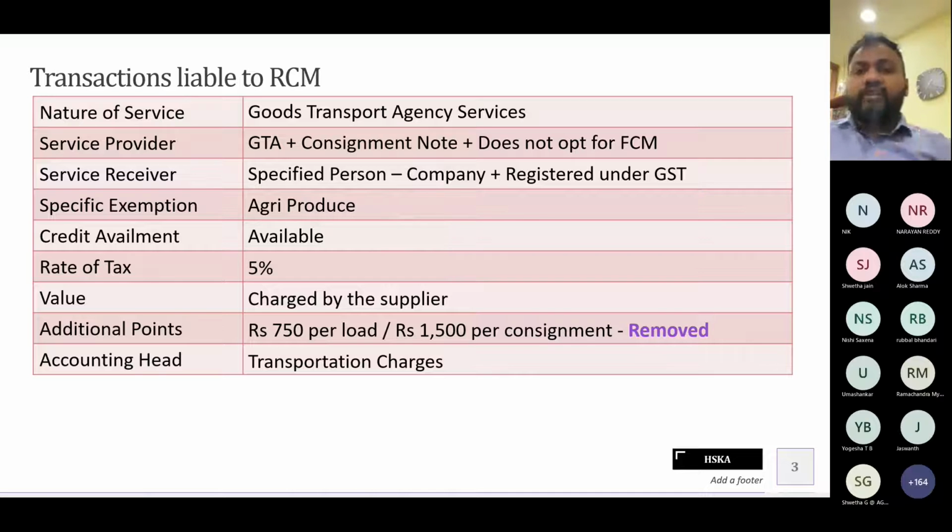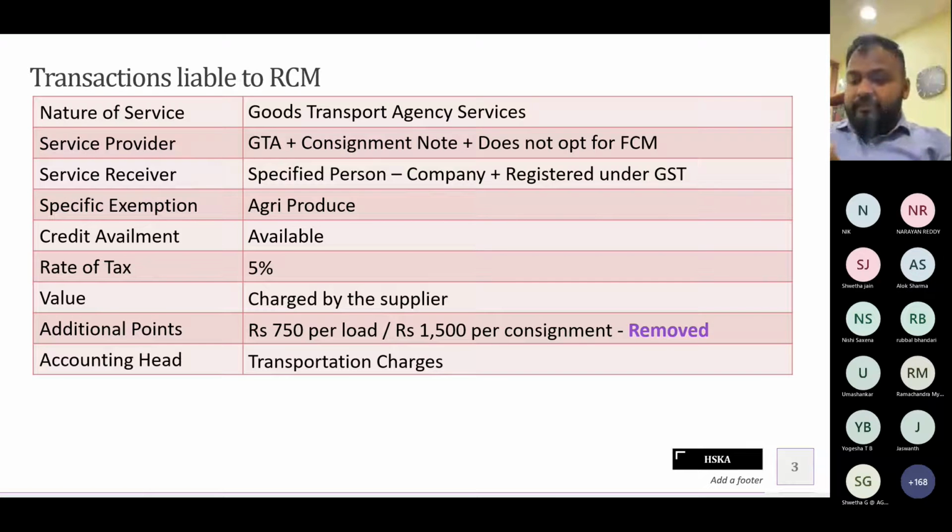The truck owner is called a goods transport agency if he issues a consignment note. There's a specific format in which a consignment note is to be issued. So if I hire the services of this truck owner who issues a consignment note to me, which looks like a lorry receipt, and also in his invoice he clearly says that he has not opted for payment of tax under forward charge mechanism, then the recipient is required to pay tax.